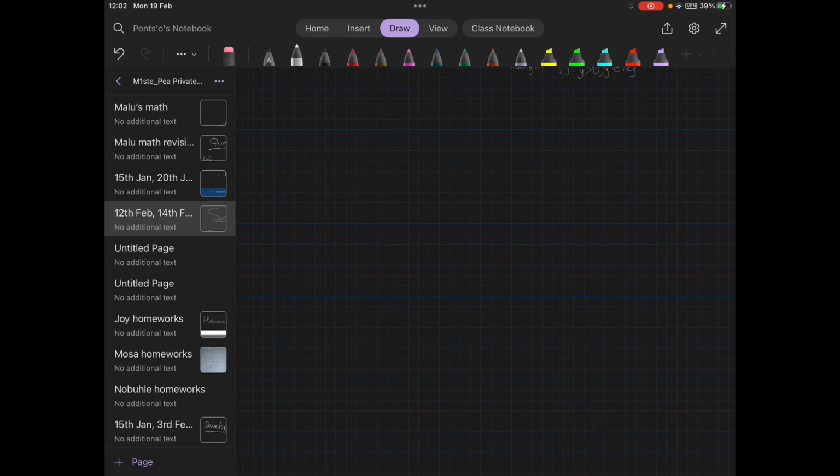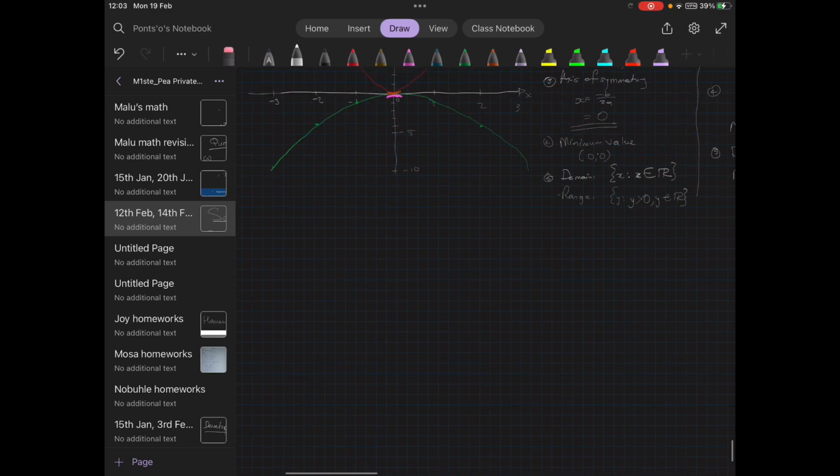I wanted to skip j of x and k of x, but I think it's important we do them because the graphs look the same. You have a negative coefficient next to your x squared, but the one is a fraction and the other is an integer: negative a fifth and negative 5.